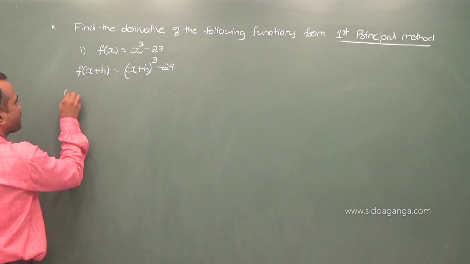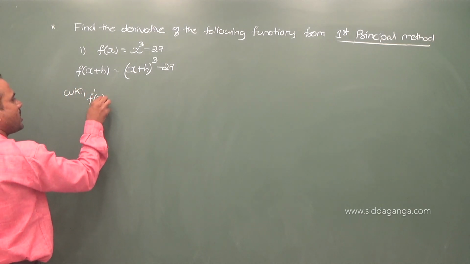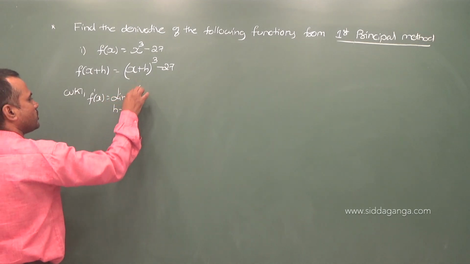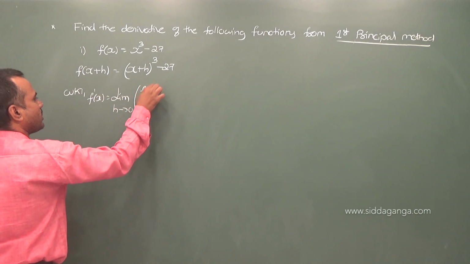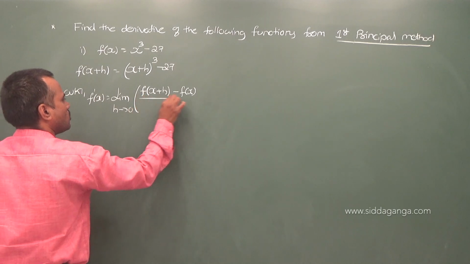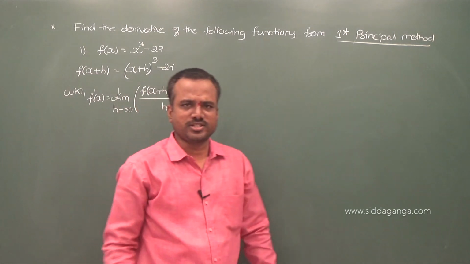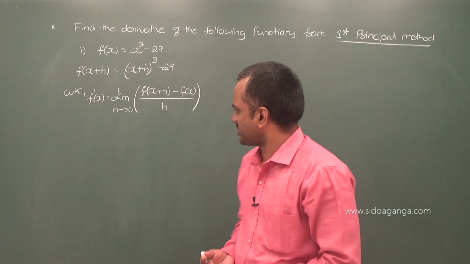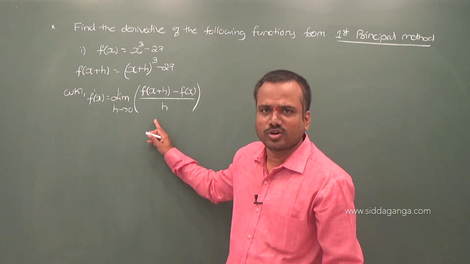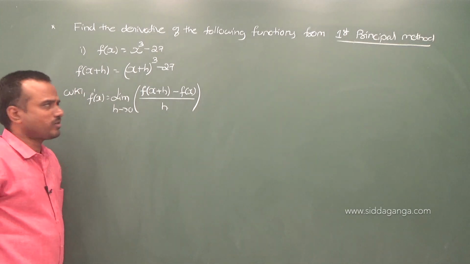So we know that f dash of x is the limit h tends to 0 of f of x plus h minus f of x, whole divided by h.